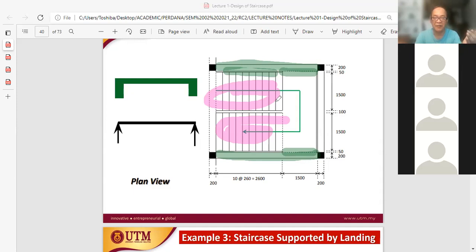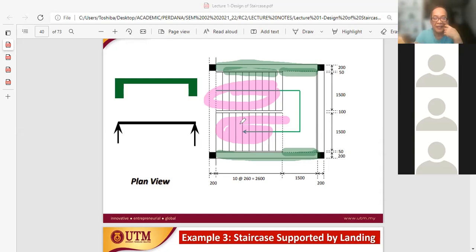So whatever reaction from the loading pada staircase will now be translated sebagai reaction pada major. So now we have a case of loading from staircase ataupun reaction from staircase transferred kepada landing.